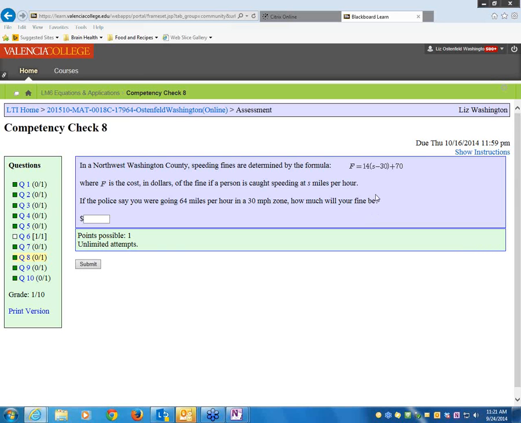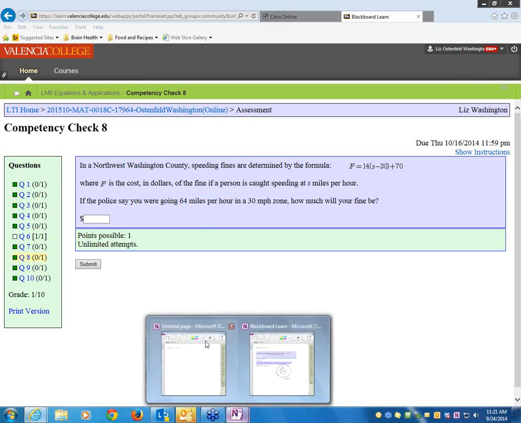And so what we're going to do is we're going to take this 64 miles per hour, okay, and we're going to plug it in because that's what they gave us. S is the miles per hour and this is the miles per hour I was going. So they're basically saying S is 64. So again, let me grab this.